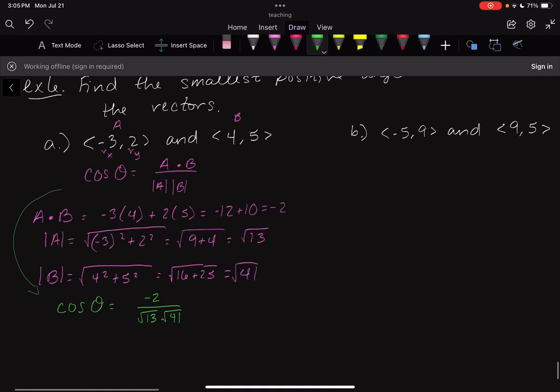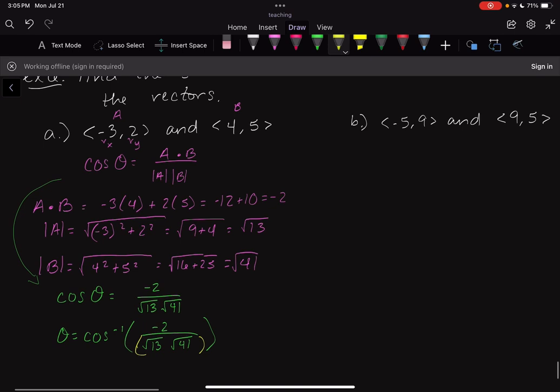Now I want the theta, so I'm going to have to use the cosine inverse. Be careful here. I usually see a big mistake here with the calculator. Make sure you keep that denominator in its own parentheses. So put one around this, before you put in your square root.